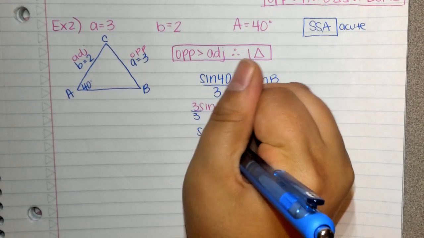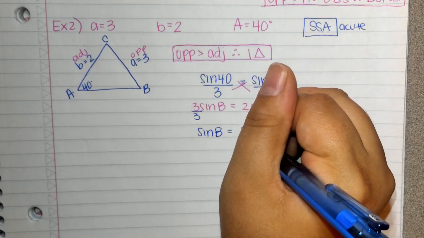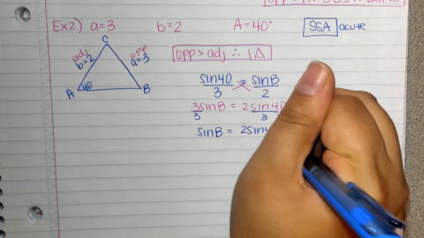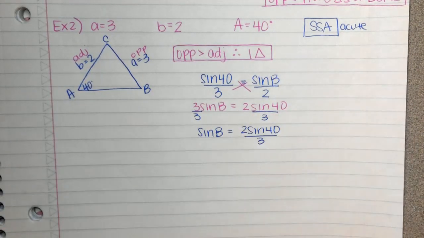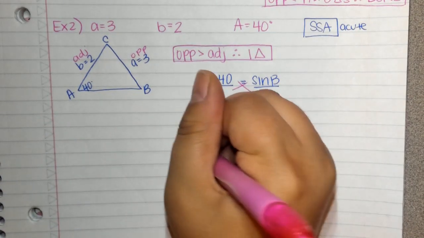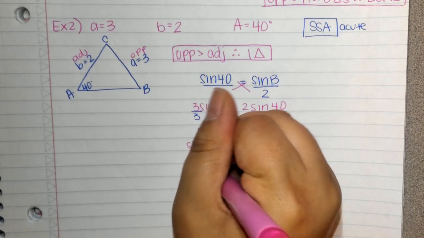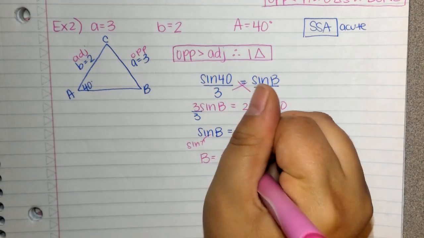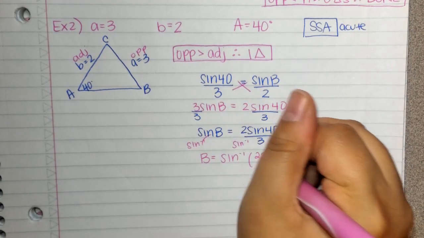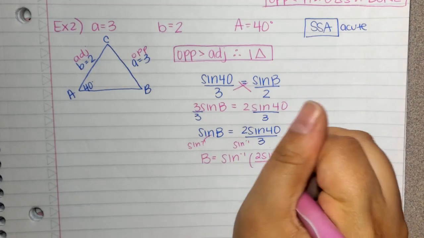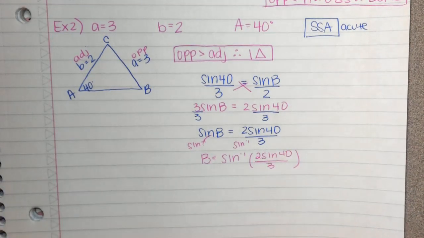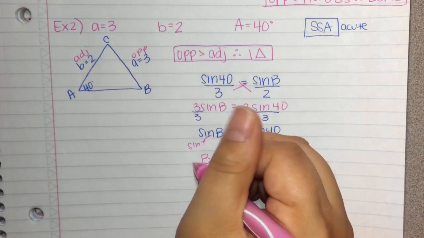So the sine of B is going to equal 2 sine of 40 over 3. And then what? Inverse sine. And that's what you are putting in the calculator to find your angle B.